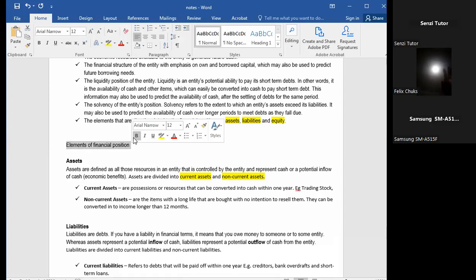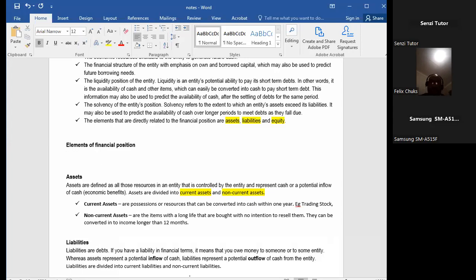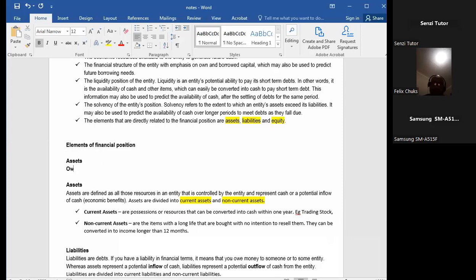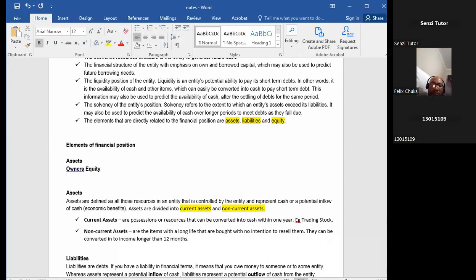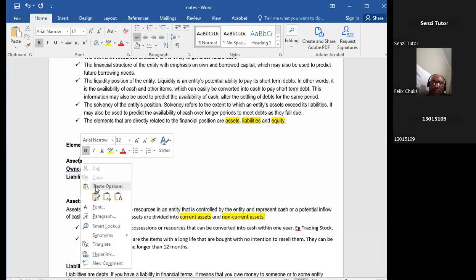From the elements of financial position, we have assets, owner's equity, as well as liabilities. Good. We have assets, owner's equity, and also liabilities.